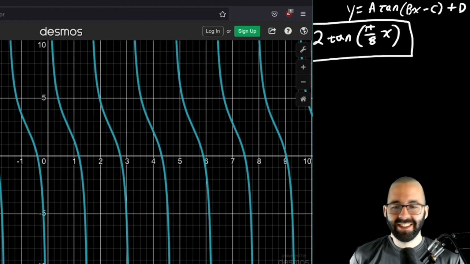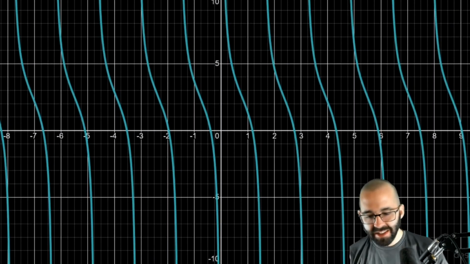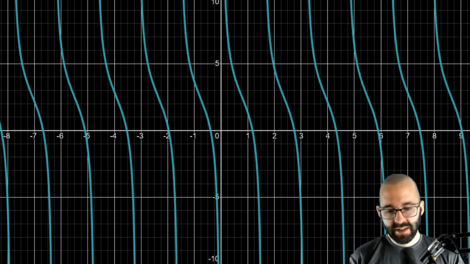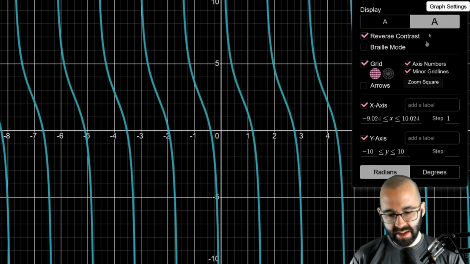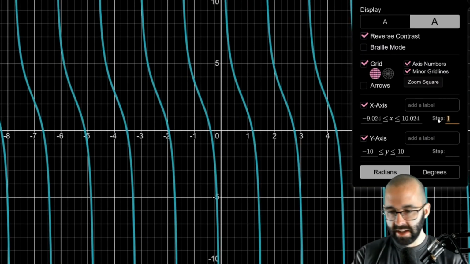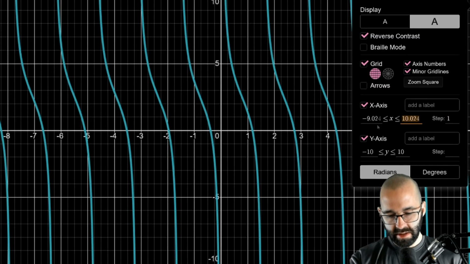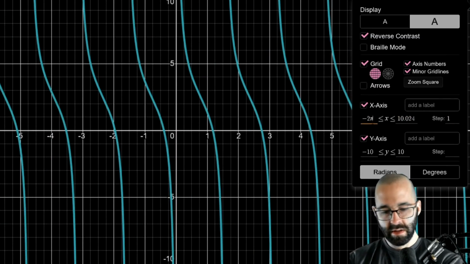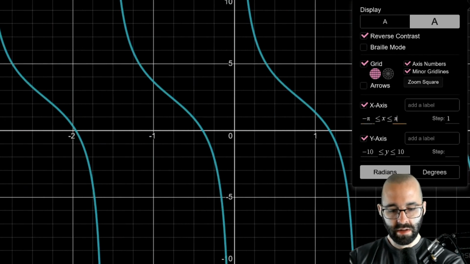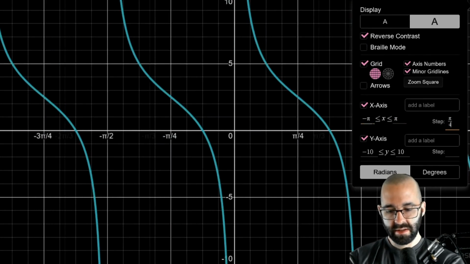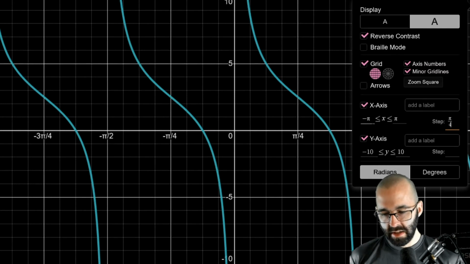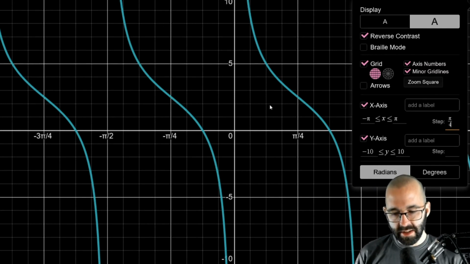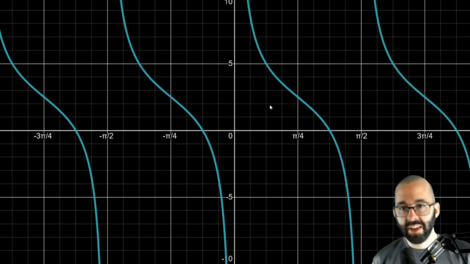All right, let's look at this one. So hold on. I'm going to give you a slightly better scale to look at this at. Let's say this is going from something like this, like so. Yeah, let's do this, I think.